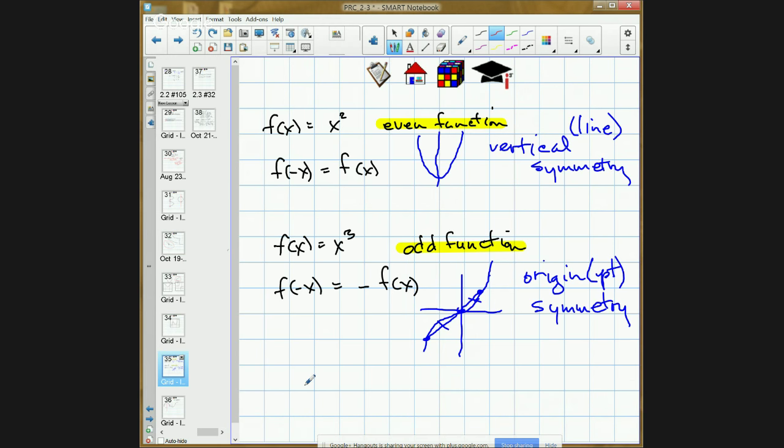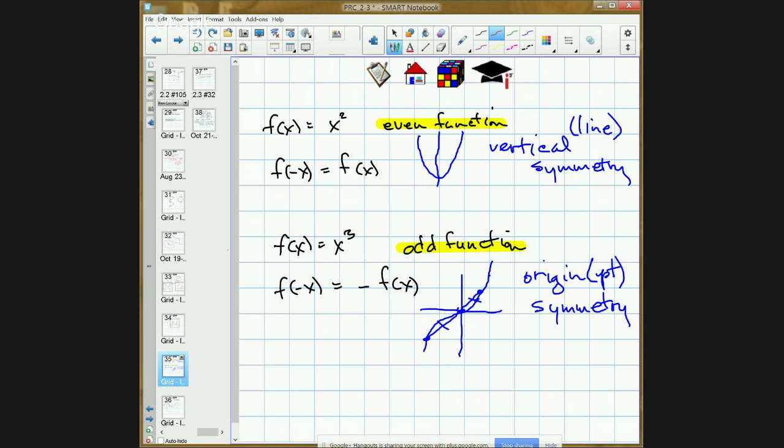So now I need to introduce to you the difference between an even function and an odd function. An even function is a function that has vertical symmetry. You see how if I put the y-axis in a parabola right down the middle, the left and the right side are symmetrical. That's what an even function looks like. It's symmetry with respect to the y-axis.